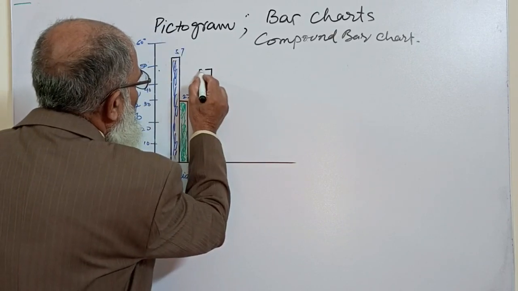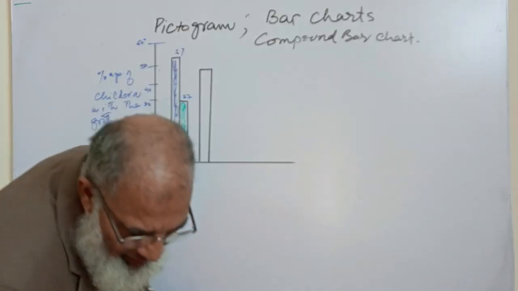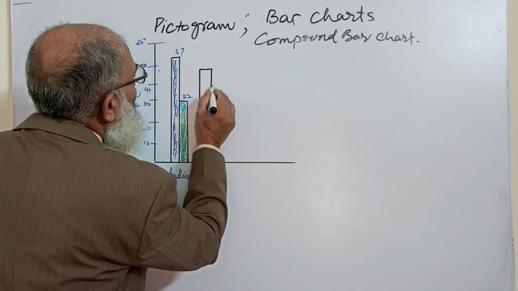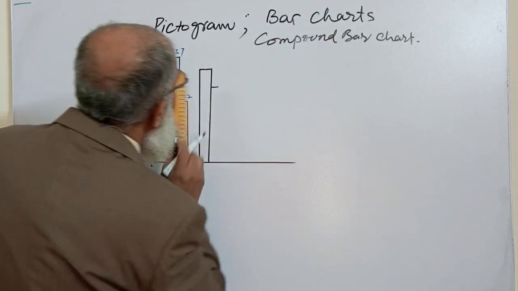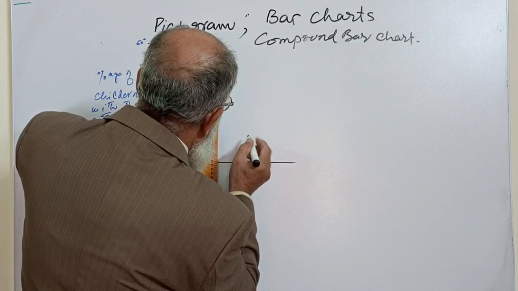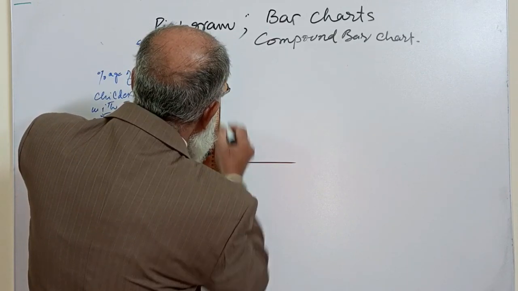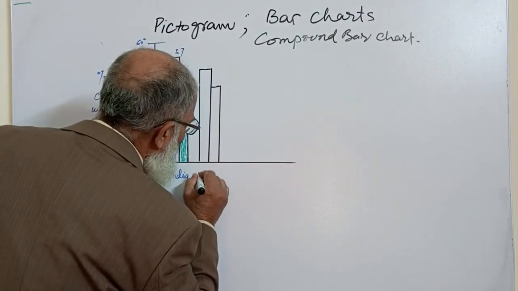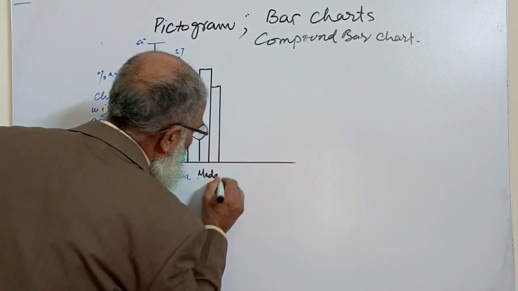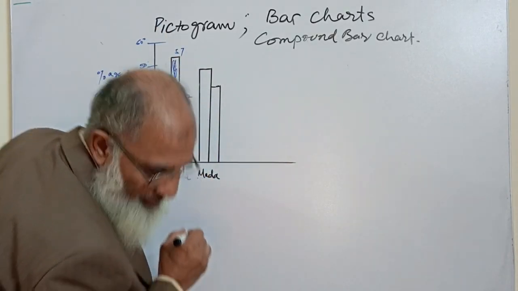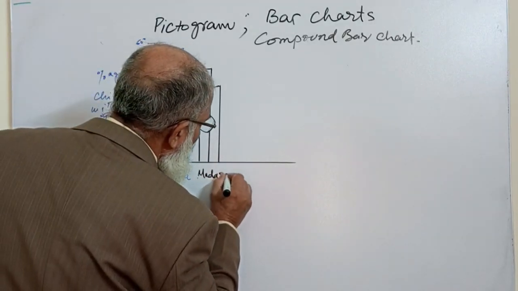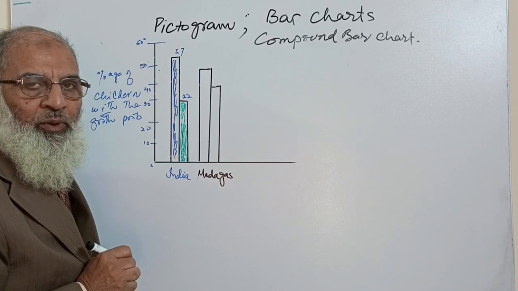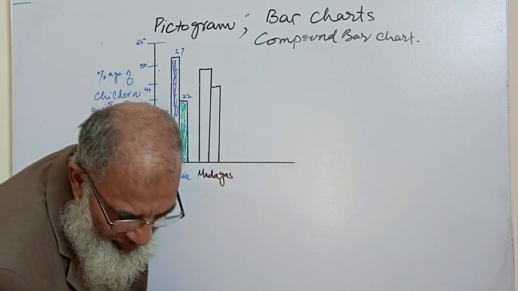And the second bar is 36, and 36 will come somewhere here. This is Madagascar. And I know the children will know Madagascar by the movie, Madagascar.